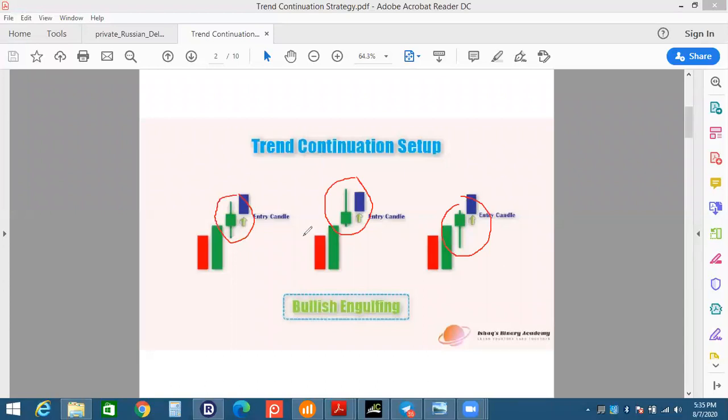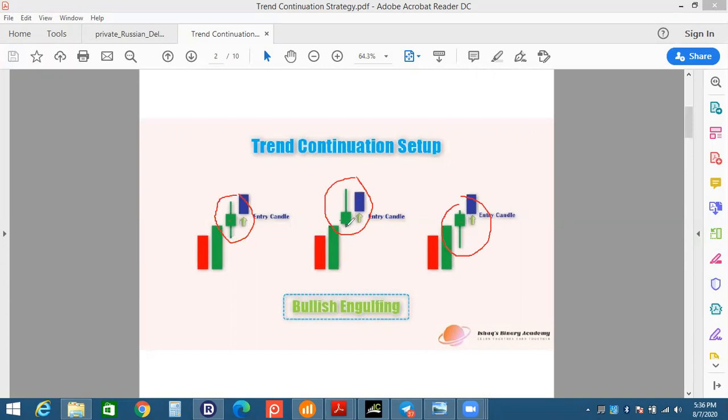If you find these 3 candles, then before them there must be 3 price action patterns: the engulfing, the morning star, and the third one is the PS9 pattern. Only these 3 patterns for the bullish setup, and these 3 candles.